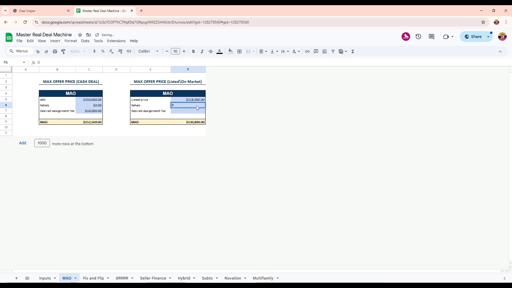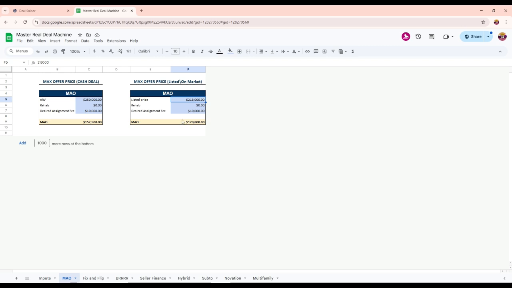Again, zero rehab. And then I want to make the same $10,000. You can only offer $120,000. Now, for someone that's got their property listed for $220,000, the chances of them taking an offer of $100,000 less cash, to me, is unlikely.